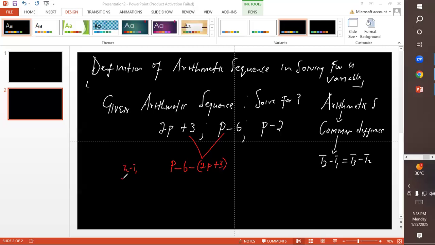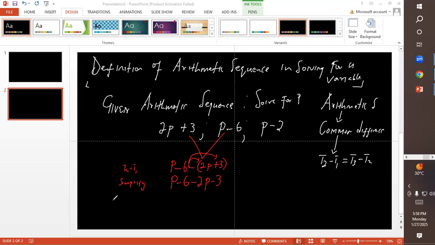Simplifying, p minus 6, negative times 2p is negative 2p, and negative times positive 3 is negative 3, according to the distributive law.